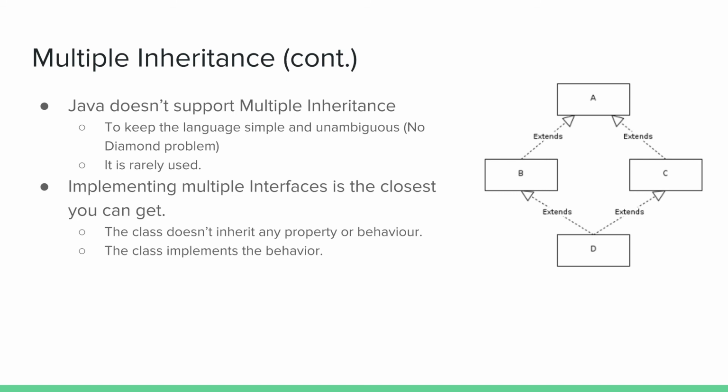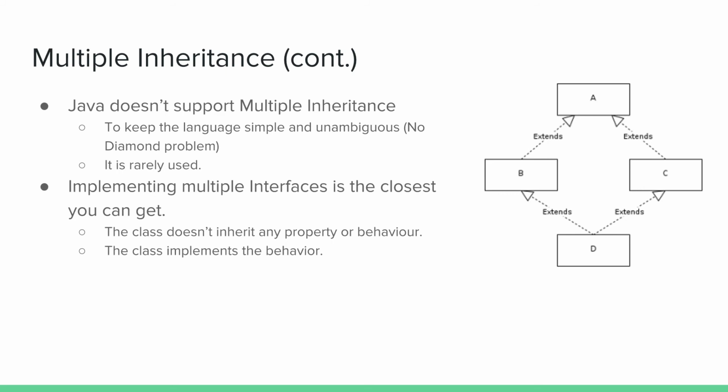Another reason is because in multiple inheritance, two classes might define different ways of doing the same thing. So class B can have, say, a print function, and it prints something, and class C has the same function print and it prints something totally different. So for the derived class, it becomes really ambiguous which one it will get inherited.